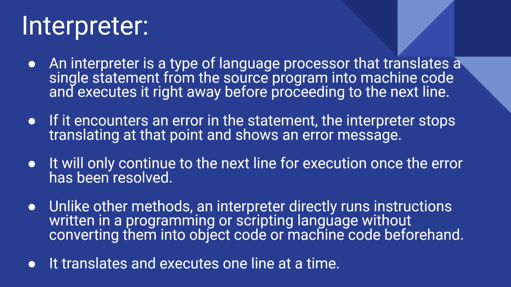It will only continue to the next line for execution once the error has been resolved. Unlike other methods, an interpreter directly runs instructions written in a programming or scripting language without converting them into object code or machine code beforehand. It translates and executes one line at a time.